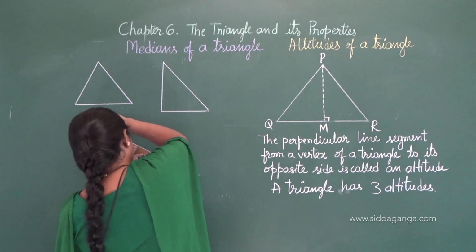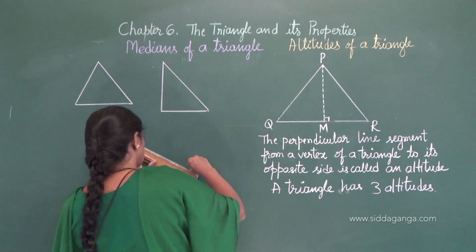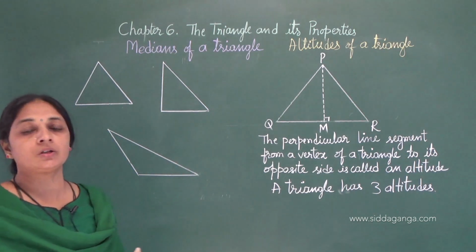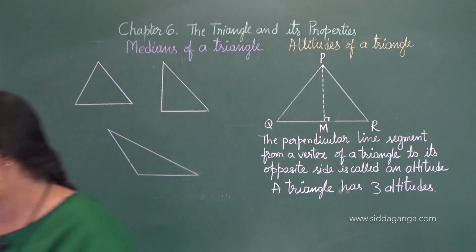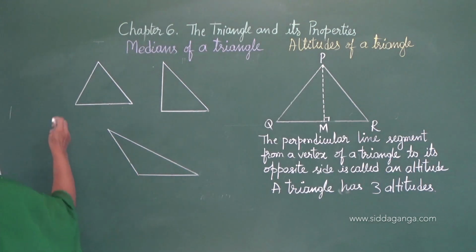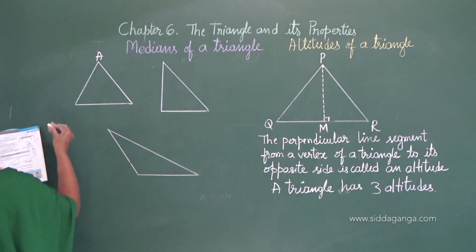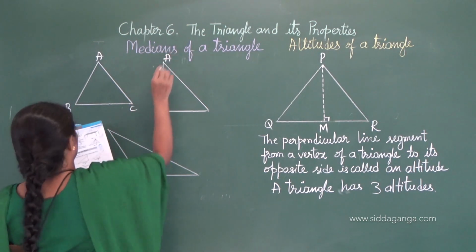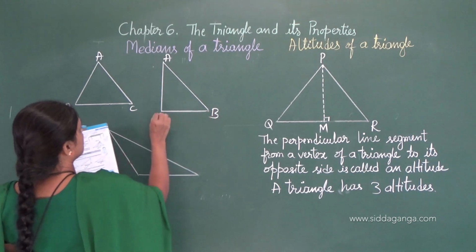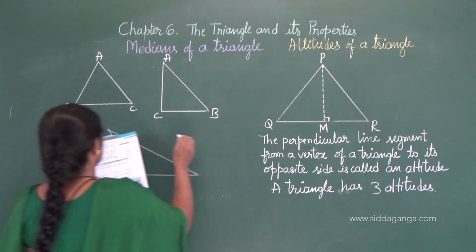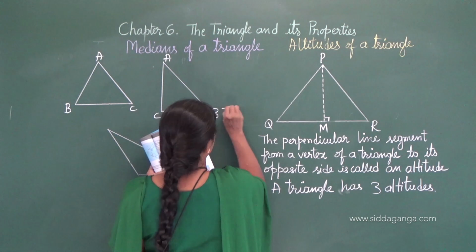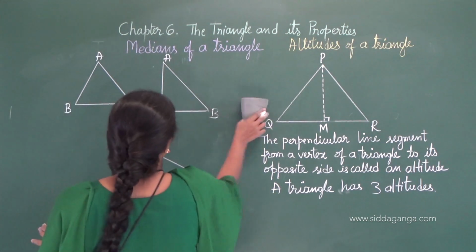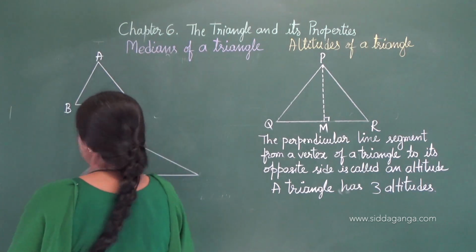Okay, the task is to draw a perpendicular line to the opposite side of vertex A. This is A, B and C. They gave triangles like this.